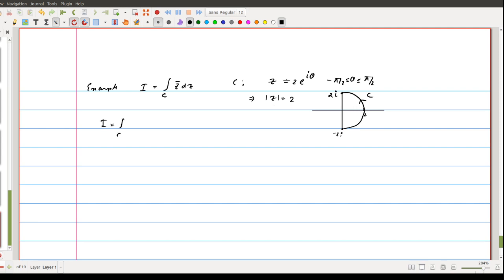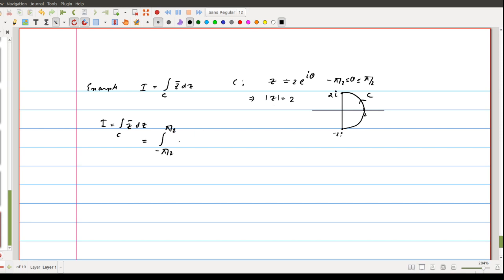I is equal to the integral over C of z conjugate dz, that can be written as the integral from minus pi by 2 to pi by 2, because this is the variation of the parameter theta. Instead of taking t, we have taken theta here.